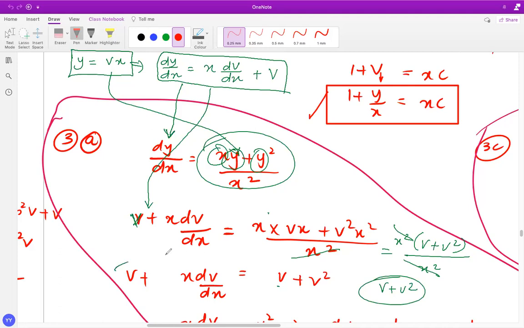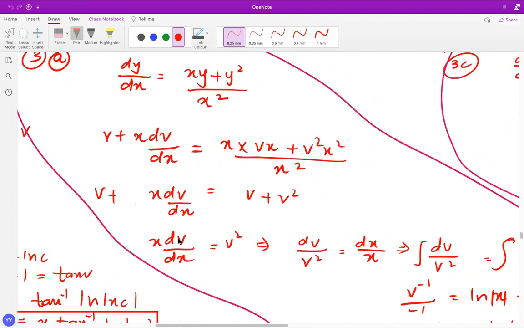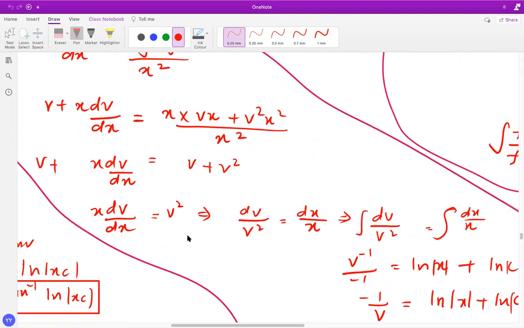Now the left hand side is also v plus x dv by dx. So one of the v's gets cancelled, and we come to a stage where you apply the separation of variables once again. So dv by v squared equals dx by x.